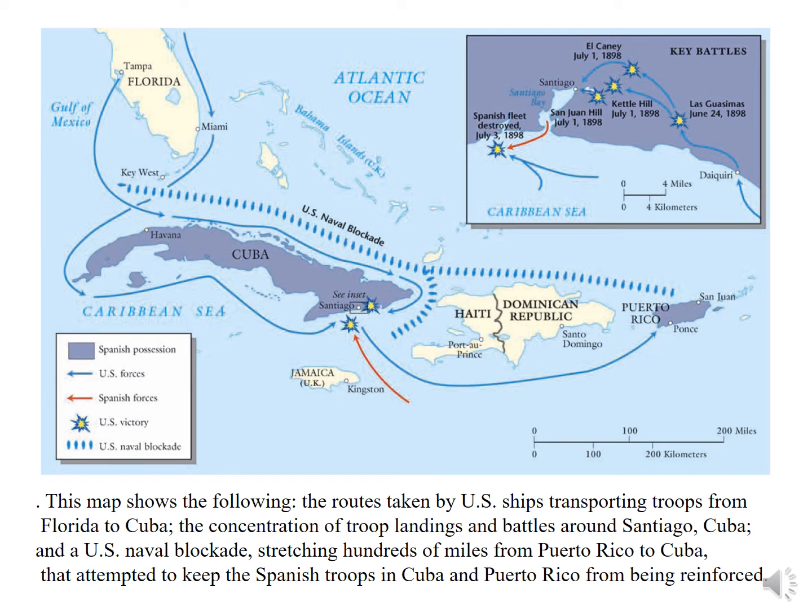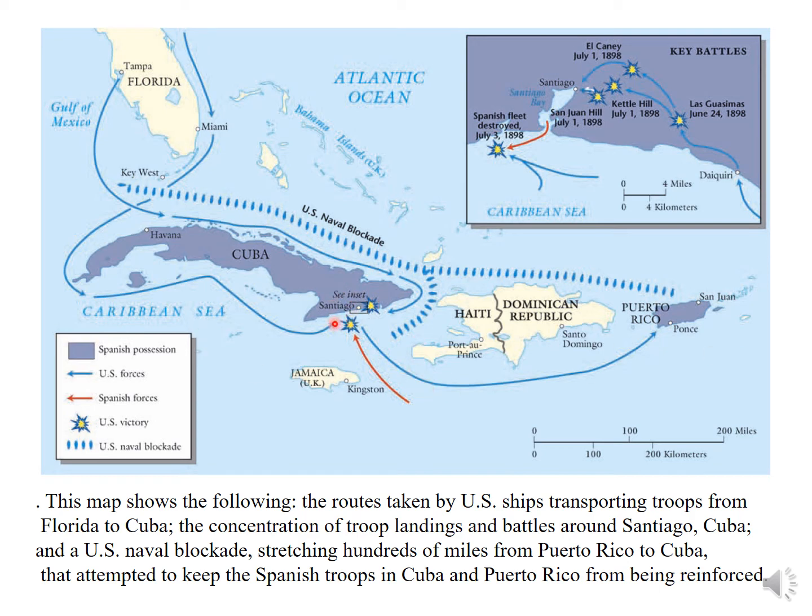So here you have a map that shows the U.S. military strategy in the Caribbean during the Spanish-American War. You can see here, let me get my laser pointer. You can see here that here is a naval blockade that the U.S. is putting up in order to prevent Spanish ships from entering into the Caribbean Sea.